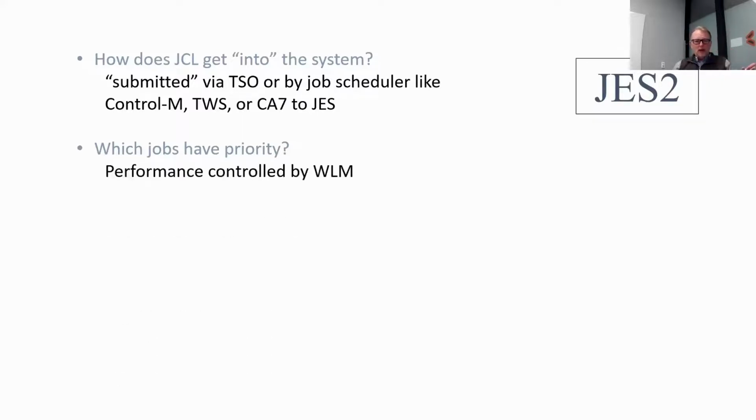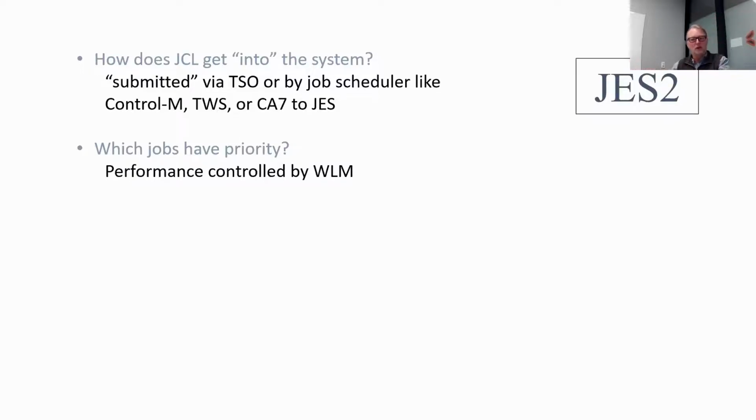Now, one batch job will have more priority over another one, and all of that is controlled by something called the workload manager, WLM. It looks at all of the work running on the system and prioritizes which should run and when. It's a very sophisticated piece of software. It can say, this program is waiting for this file to be free, so I'm not going to run it.